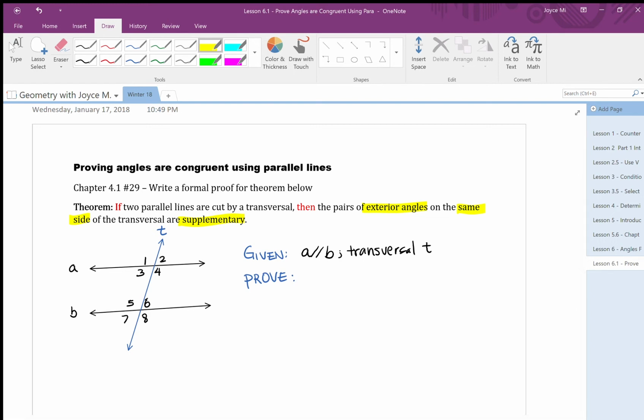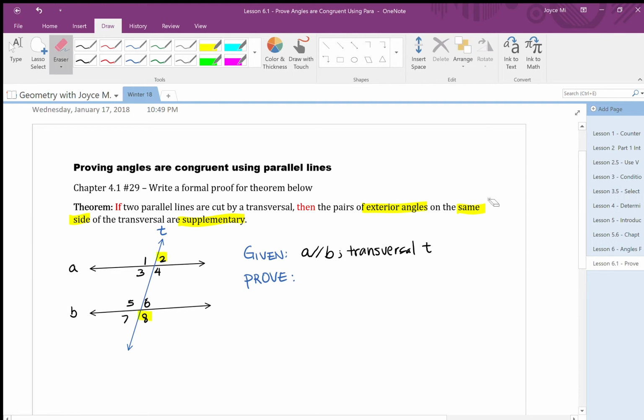Exterior angle tells me I'm looking for angle 2. Angle 2 is exterior, and angle 8 is also an exterior angle, and they're on the same side. Instead of proving it for all pairs, I can just pick one of them. I could say angle 2 and angle 8 are supplementary, or angle 1 and angle 7 are supplementary, or either one. So let's just pick one.